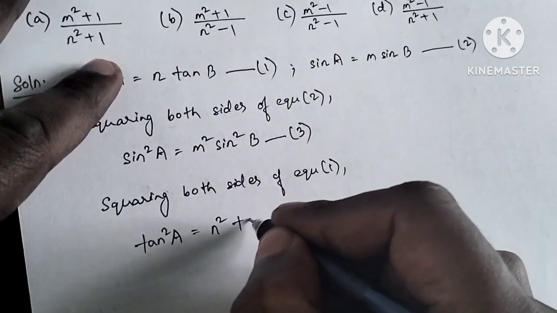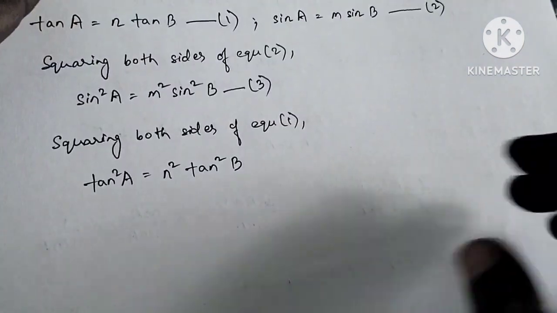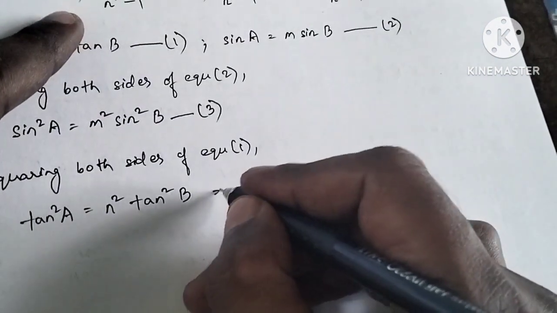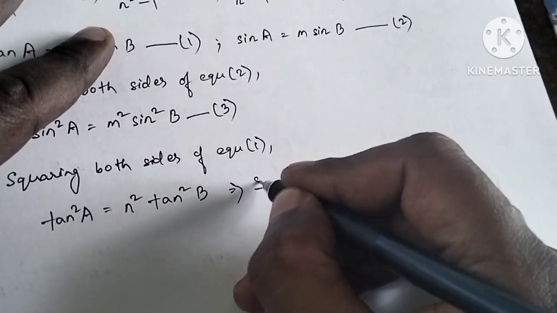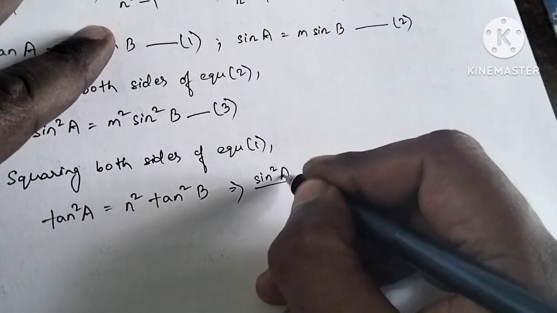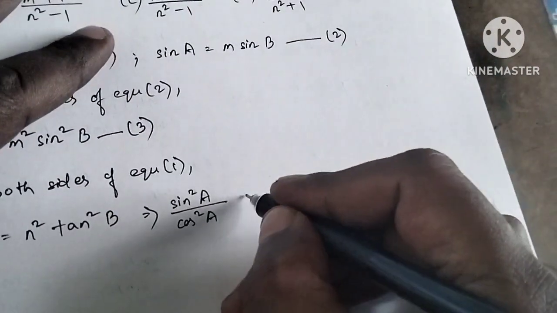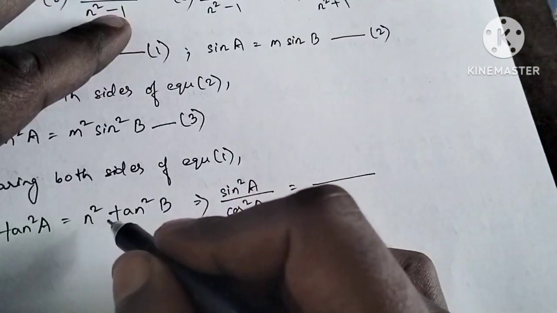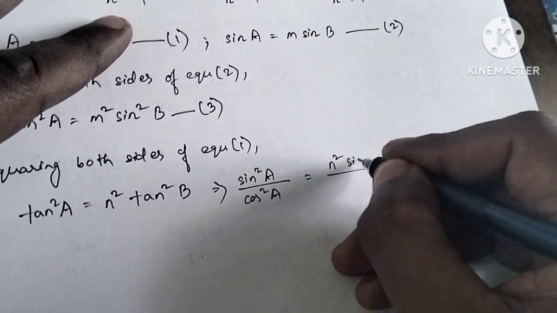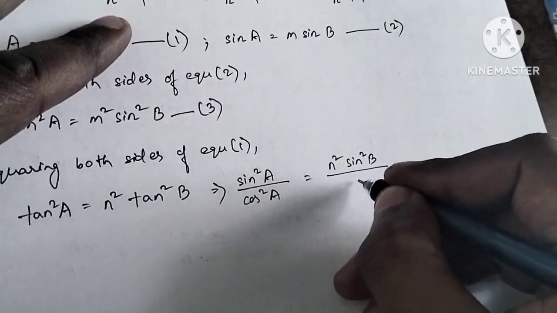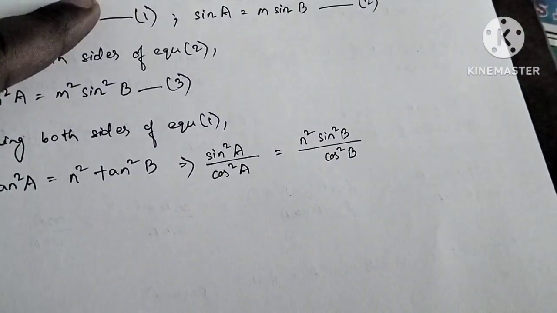N square tan square B. Clear? So now we can write tan square A as sin square A by cos square A, and this we can write as n square sin square B by cos square B, right?